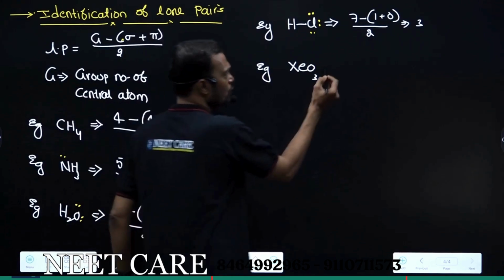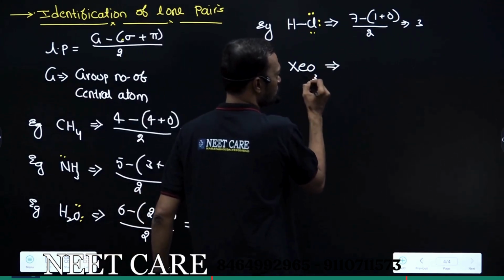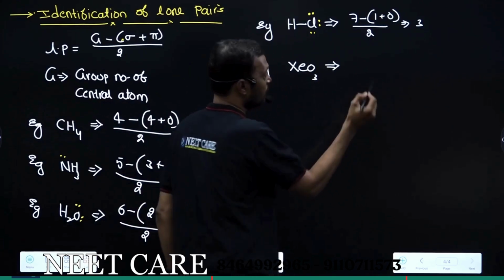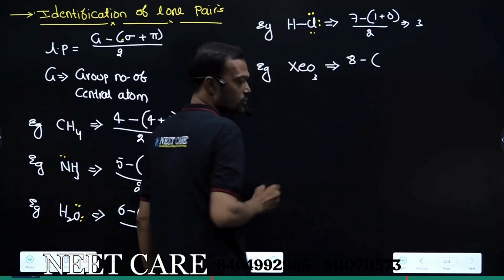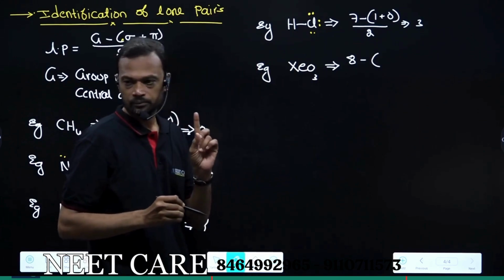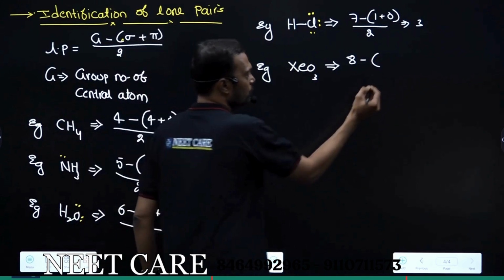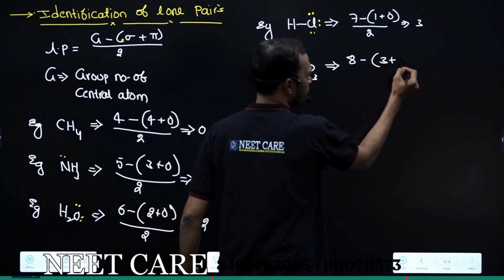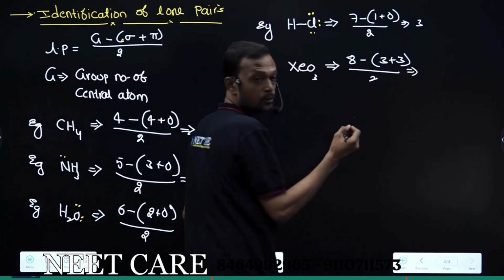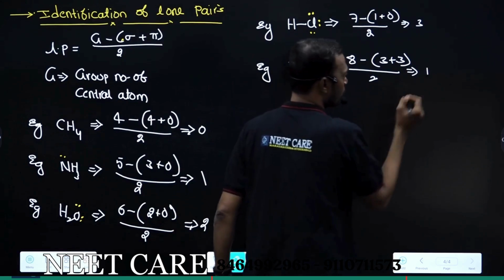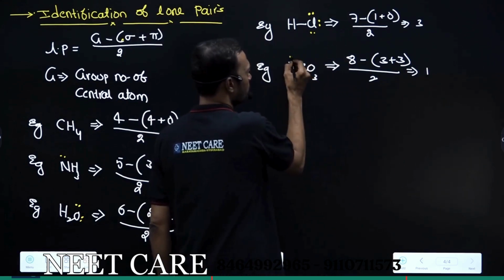So xenon belongs to the 0 group, also called the 8th group element. Write down 8. How many sigma bonds are present? Every oxygen carries 1 sigma and 1 pi. So 3 sigma and 3 pi. Then divide by 2. So 8 minus 6 by 2, which is 2 by 2, that is 1. Means xenon carries 1 lone pair.